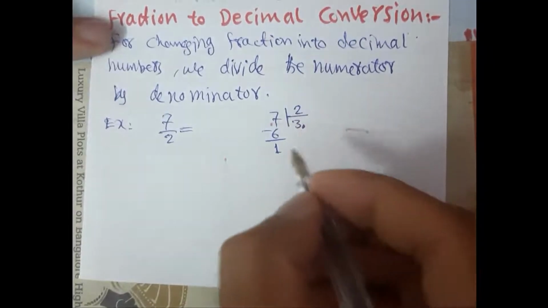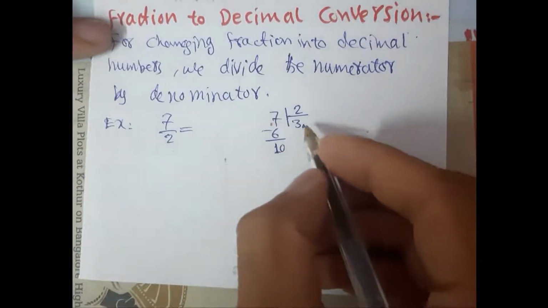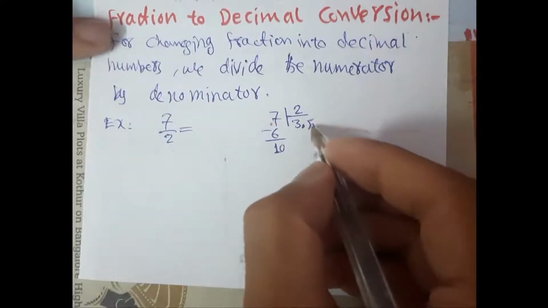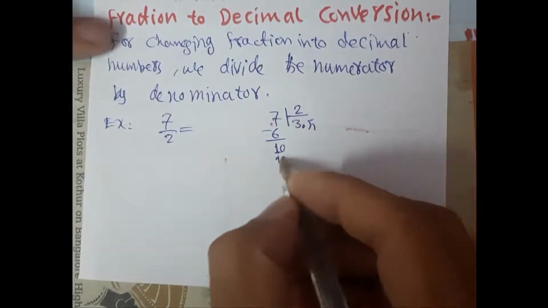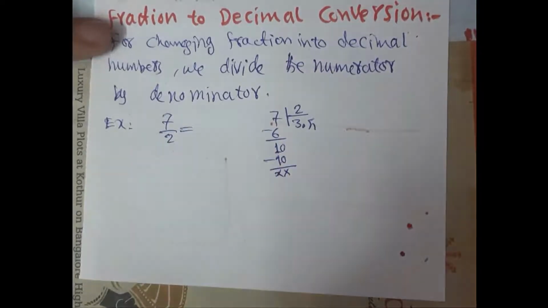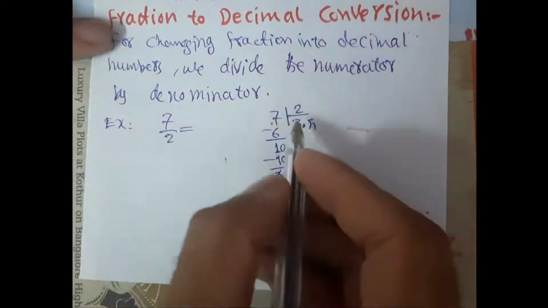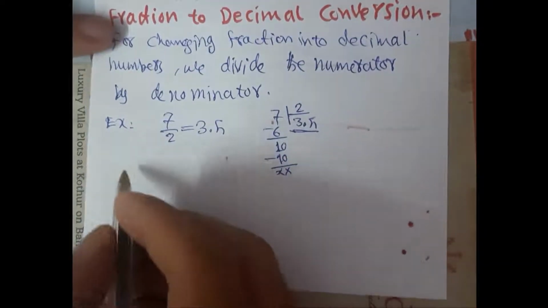We put here a decimal point, and here we put 0. 10 divided by 2, 5. 5 times 2, 10. Actually there is no remainder. It is equal to 3.5. It is the answer.